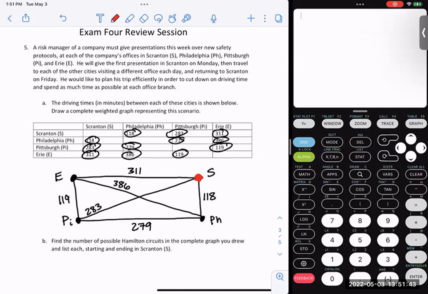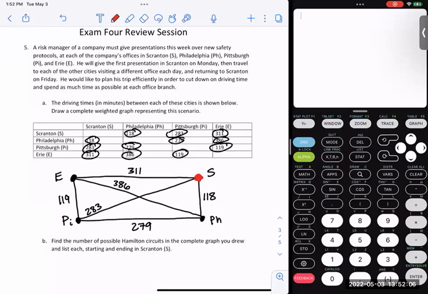Should we do Scranton to Pittsburgh to Philadelphia, Scranton to Erie to Pittsburgh to Philadelphia? So this one on part B says to find the number of possible Hamilton circuits in the complete graph that you drew and list each starting and ending in Scranton.